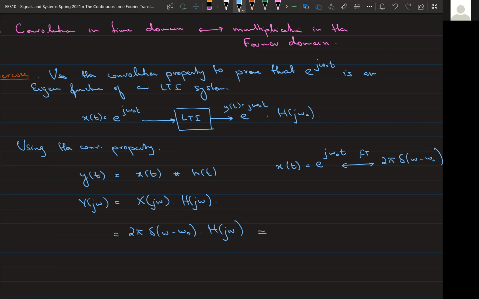This is equal to y of j omega, but I'm multiplying a delta function, and I want to simplify the right hand side. Can I simplify it? 2 pi h of j omega naught, but there's a delta there as well. I use the sampling property, so that delta is going to stay there, and h of j omega naught.